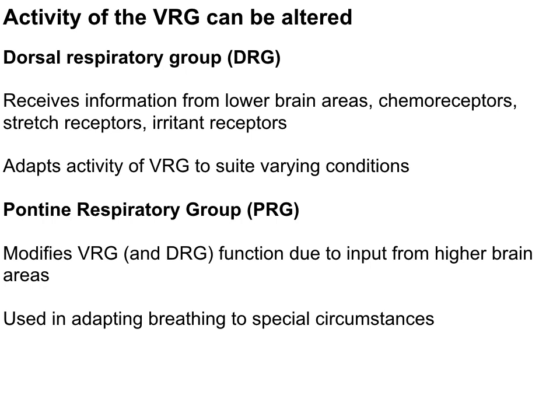The dorsal respiratory group is going to get information from lower brain areas, areas like your pons, the anterior portion of your medulla oblongata. It receives information from chemoreceptors that are in your major arteries. It even gets information from stretch receptors and irritant receptors in your airways.